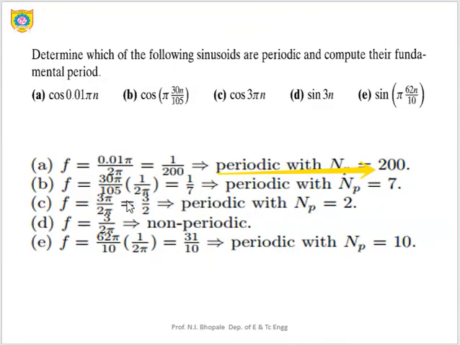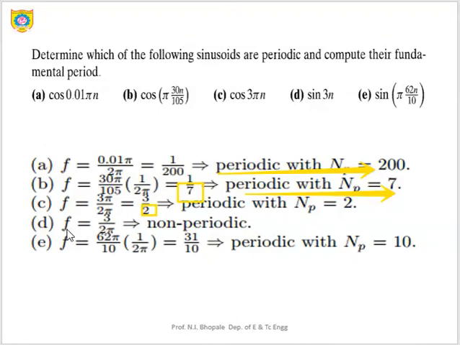Here, after simplification, pi will be cancelled, so it will be 1 by 7. Again it is periodic with Np equal to 7, the quantity at the denominator. Here again it is periodic, the quantity at the denominator is 2, so the fundamental period will be 2.